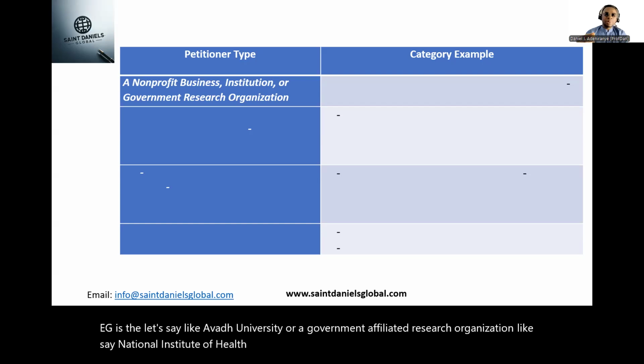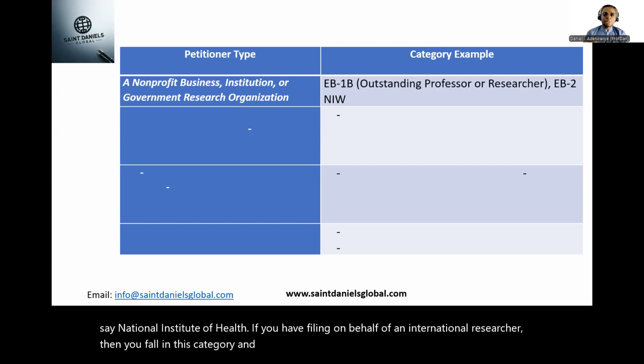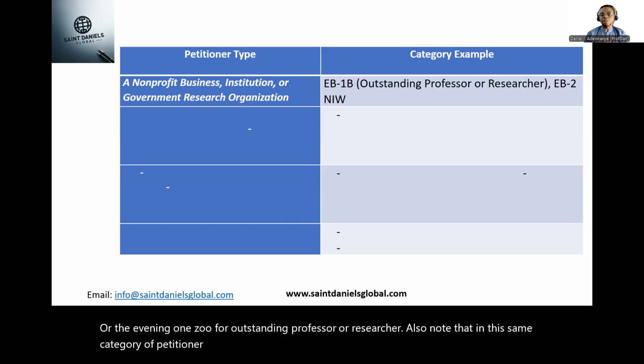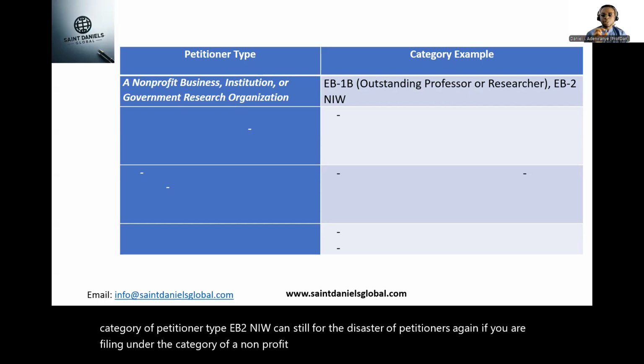If you are filing on behalf of an international researcher, then you fall in this category. And those are people like the EB-1B or the EB-2 for outstanding professor or researcher. Also note that in this same category of petitioner type, EB-2 NIW can still fall there. These are self-petitioners. Again, if you are filing under the category of a non-profit business or organization.